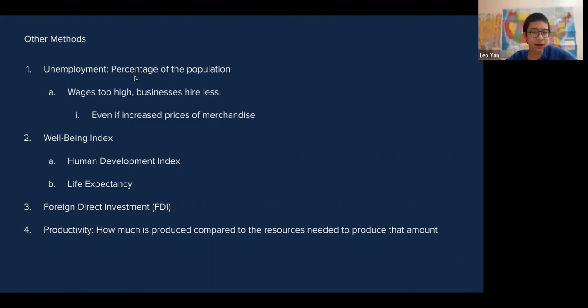Sometimes it starts from 18, depending on what institution you're looking at these statistics from. But anyways, it's basically a proportion of what percentage of the population is currently struggling to find a job compared to the total population, which would be 100 if you did it through percentages.